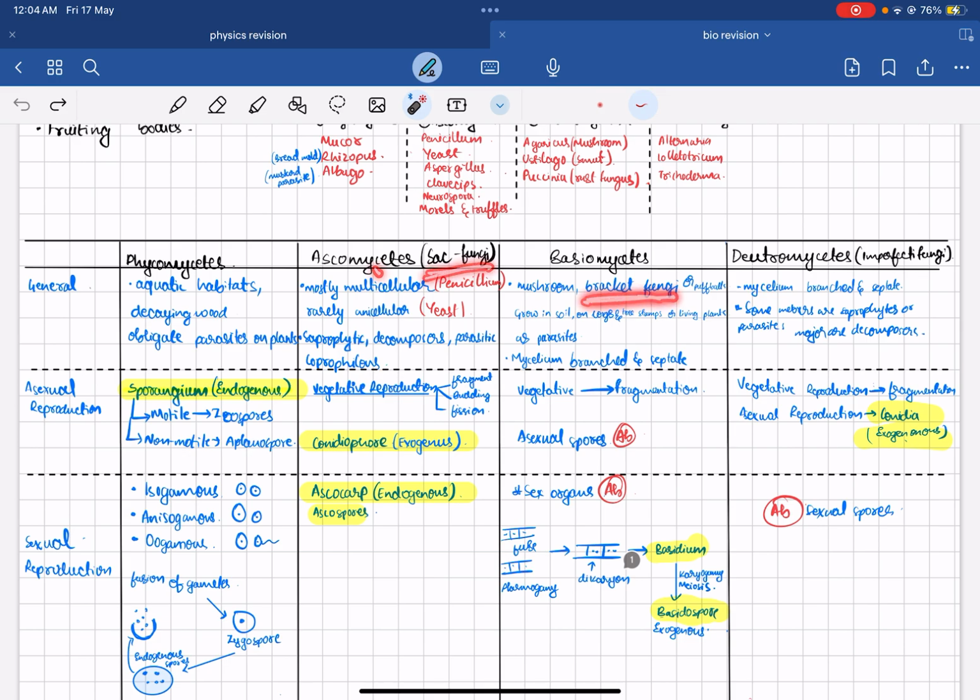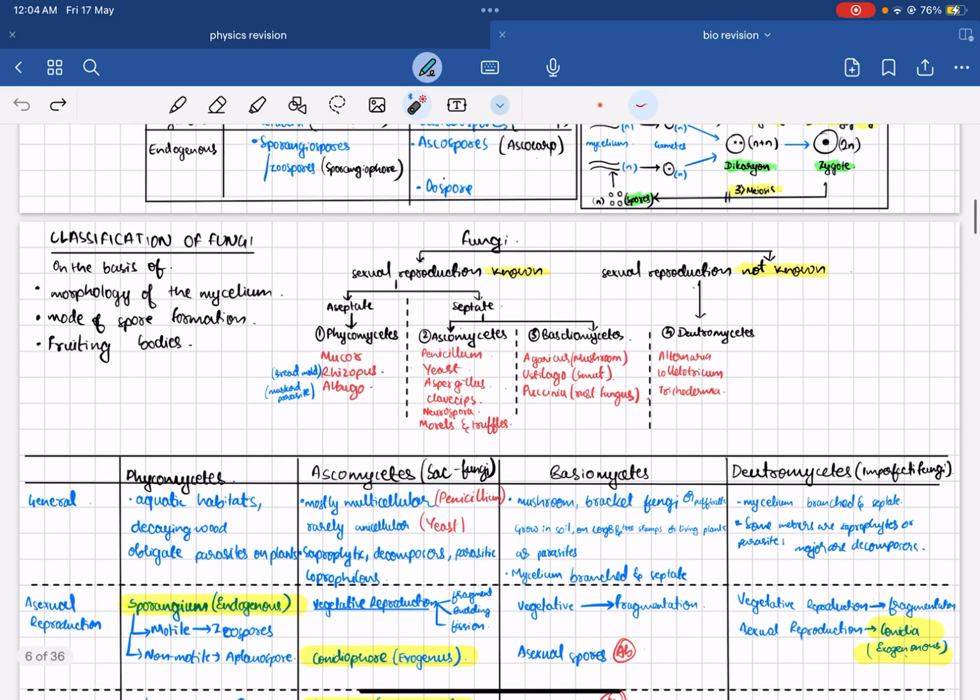Ascomycetes are sac fungi. These grow in soil, trees, stumps, and can be found as parasites. Mycelium is branched and septate. We have categorized them as septate, aseptate, and by whether sexual reproduction is known or not known.